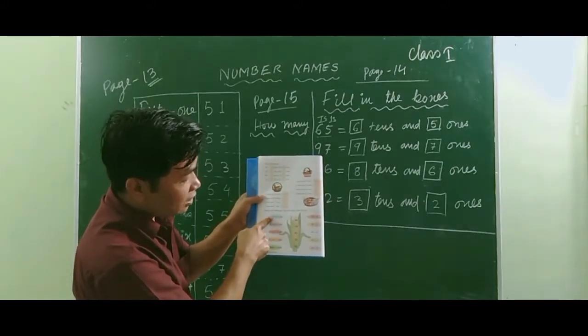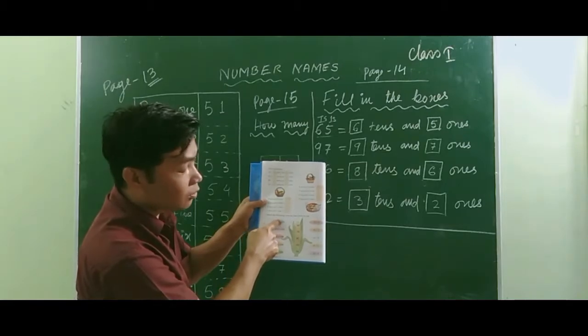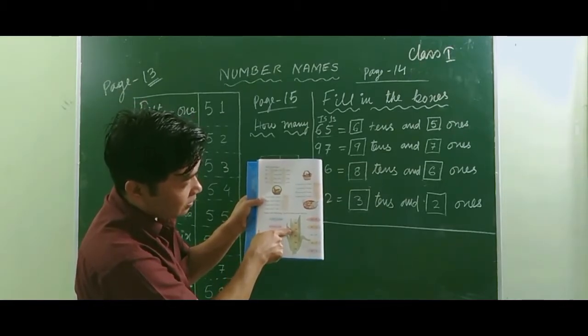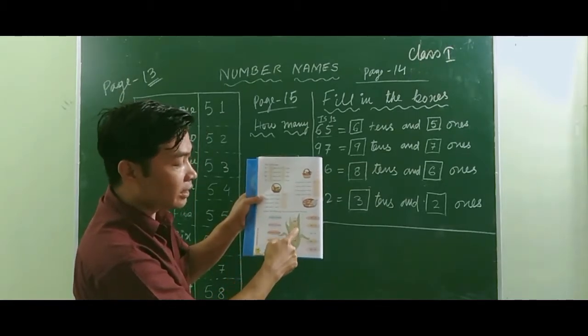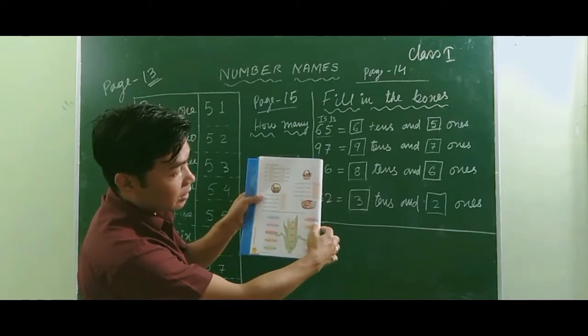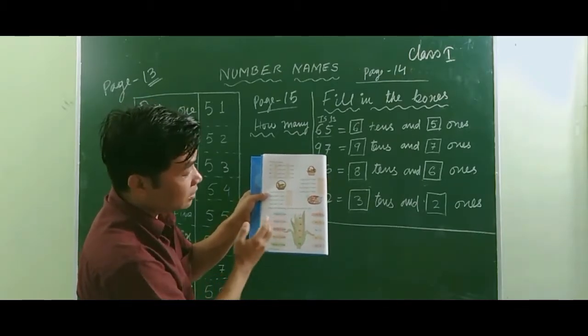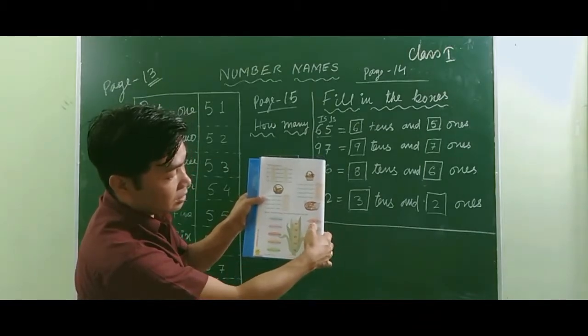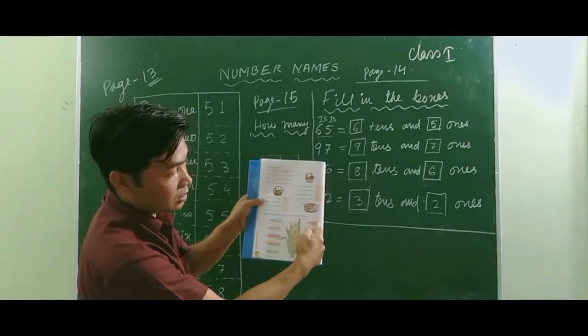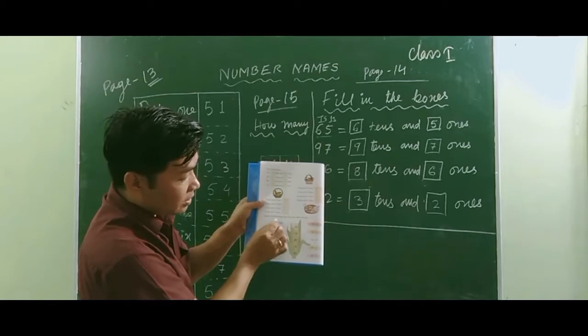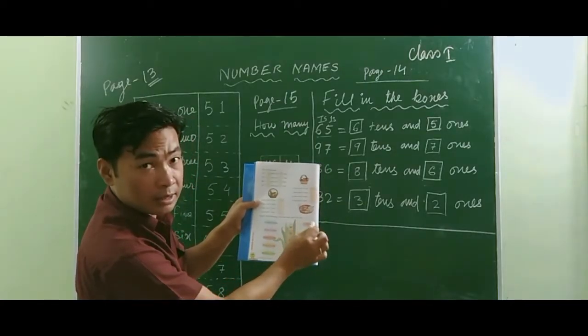So 7 tens means 70, 6 ones, all together 76. So here is 76, you have to match it. And again 76 is written here in numbers, and here in the name. 7 tens is 70, 6 ones is 6. You match the number here first and then match on the other side again.